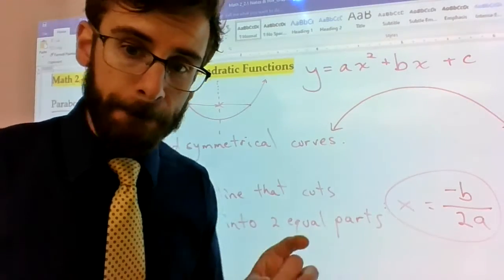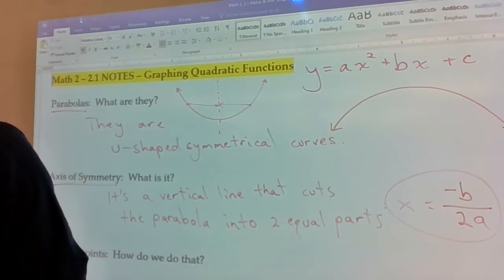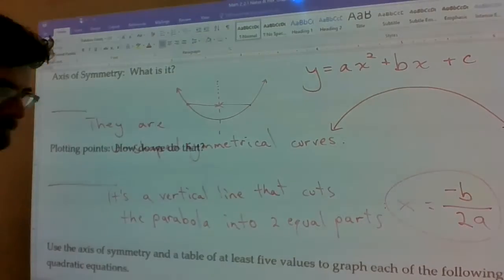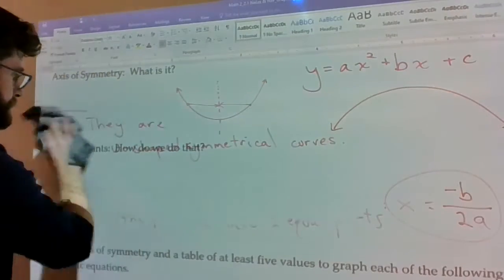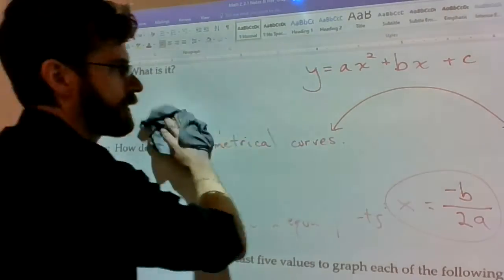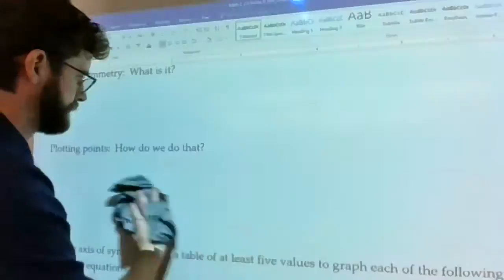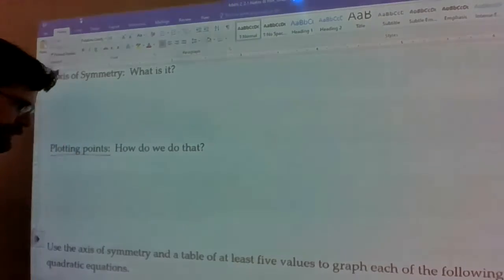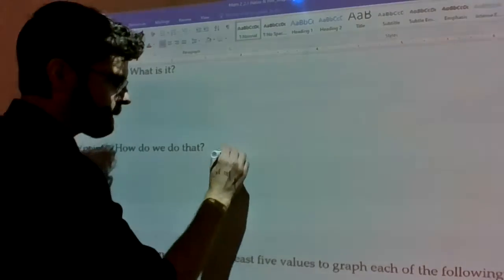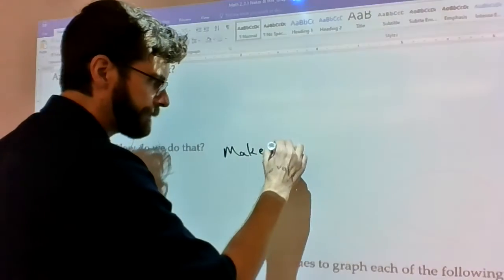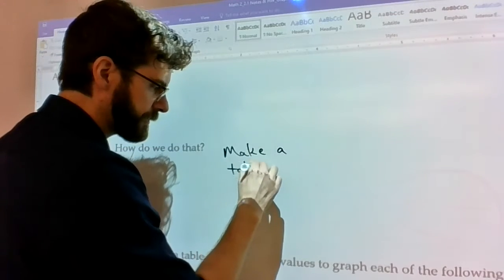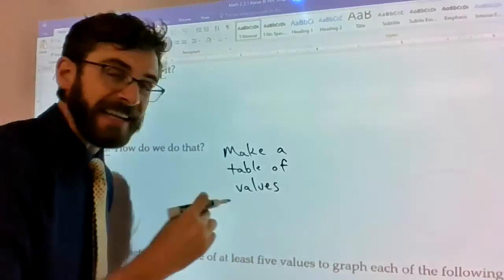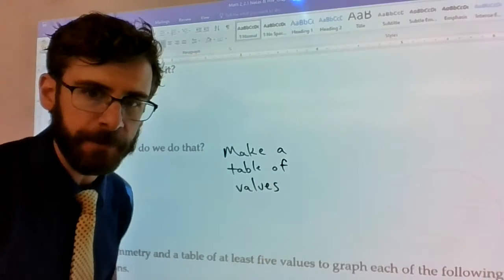Okay, to plot points, what we need to do is make a table of values that's centered around the axis of symmetry.